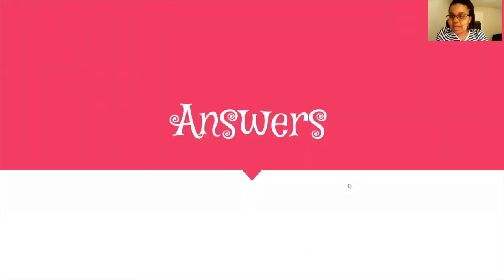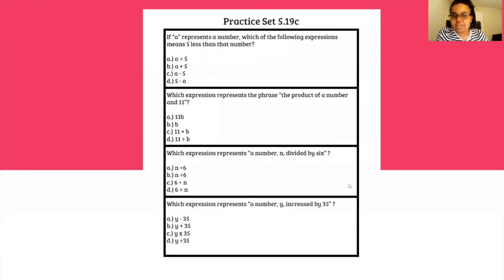All right, and let's go ahead and check over your answers now. For the first one, if a represents a number, which of the following expressions means 5 less than that number? Your answer there was c. For the second one, which expression represents the phrase, the product of a number and 11? Your answer there was a. Remember, when the number and the variable is right next to each other, that means to multiply.